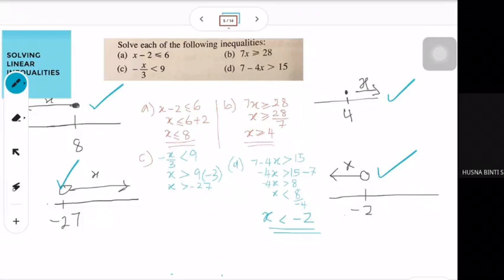We must remember, divide or multiply negatif, baru tukar simbol. Kalau tambah tolak nombor negatif, contohnya 15 tolak negatif 2, yang tu tak tukar sebab operasi dia tambah tolak. Kalau operasi dia darab bahagi nombor negatif saja, baru kita tukar simbol. Okay? Okay, thank you teacher.